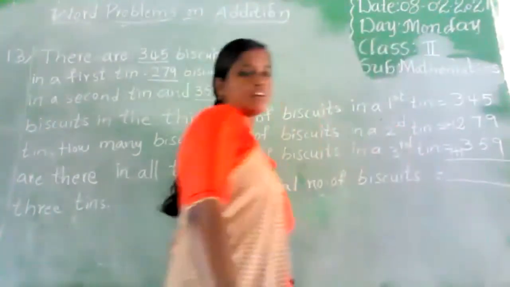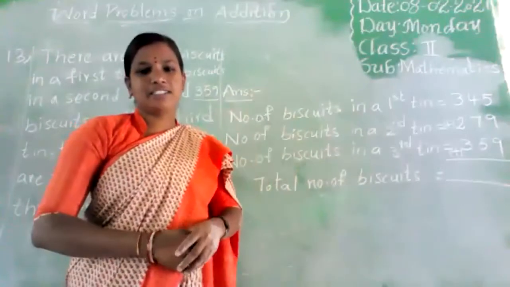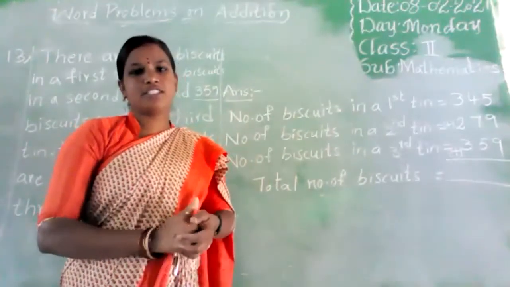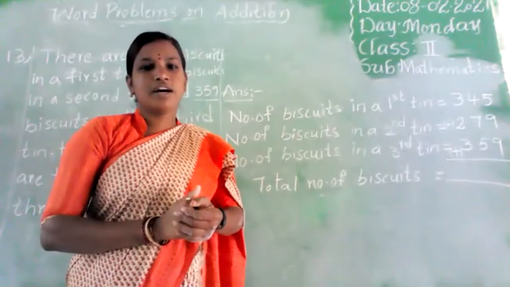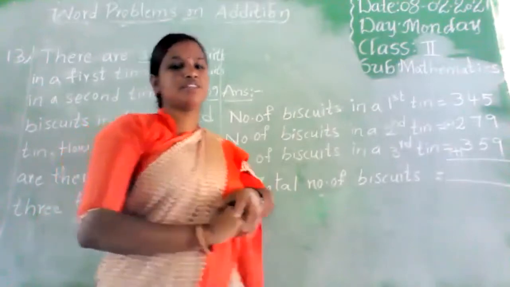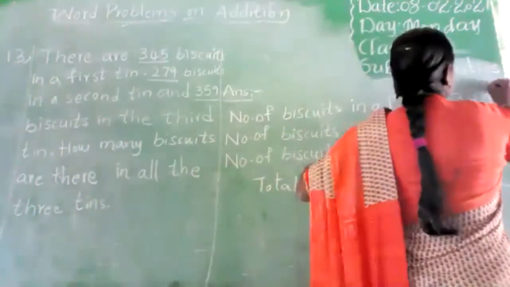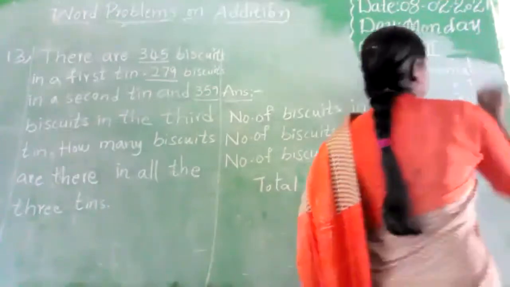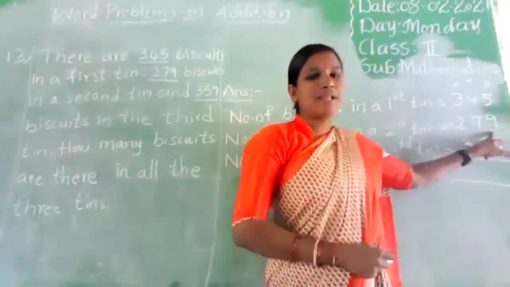First we have to add the ones place, then the tens place digits, then the hundreds place digits. So first 5 plus 9.